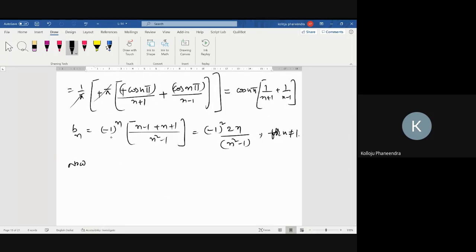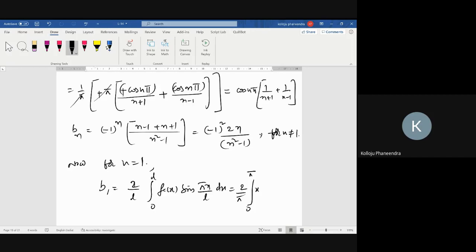Now, for n equal to 1, what is b1? 2 by L, 0 to L, f of x into sine n pi x by L, n value 1. So this is 2 by pi, 0 to pi. And what is this f of x?